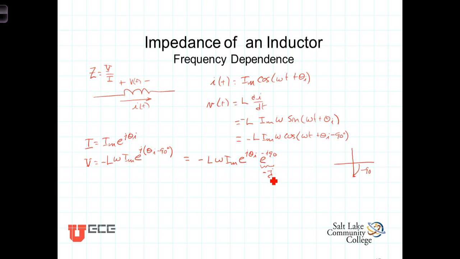Now, let's combine this minus sign with this minus sign, and bring the j into the mix, and we get that phasor V is equal to, minus times minus is a positive, a j omega L e^(j theta_I). Oh, and I left an I_m term multiplying all of that also.